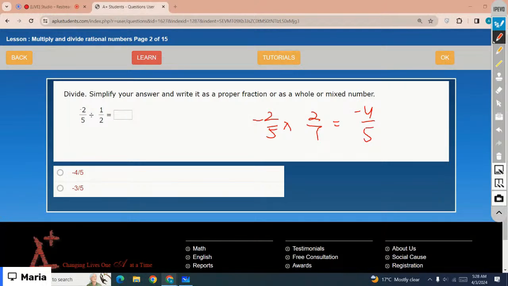Option number 1 is the correct option, right? That is negative 4 over 5.